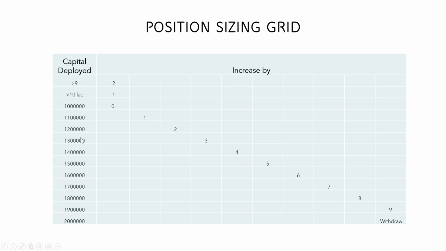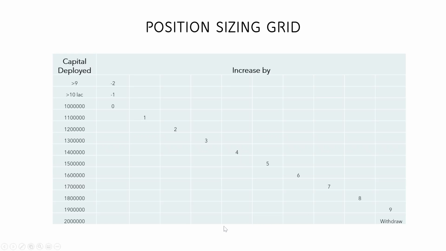Then between 12 to 13, you increase again by 1 lot, then 13 to 14 again by 1 lot, 14 to 15 again by 1 lot. So by the end of 19 lakhs, you will be trading the initial 10 lots plus 9 lots, which means 19 lots.